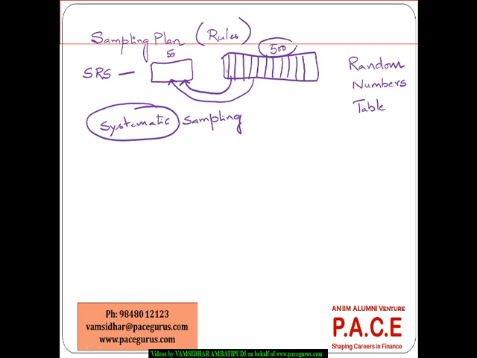Now that I require 50 elements out of the 500, at random I'll pull out the 10th element: 1, 2, 3, 4, 5, 6, 7, 8, 9, 10. So this is included in the sample. Every kth number is included as a part of the sample until we have a sample of the size we are looking for. So that is a way of sampling, which is systematic sampling.